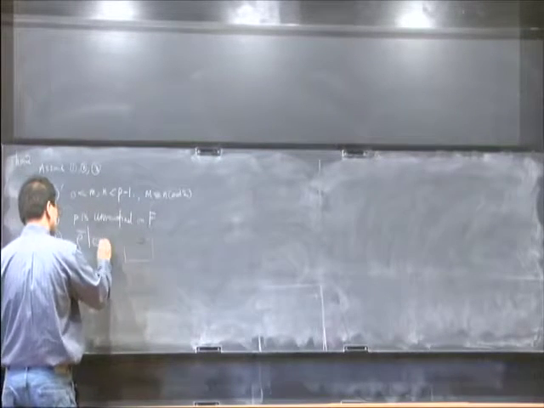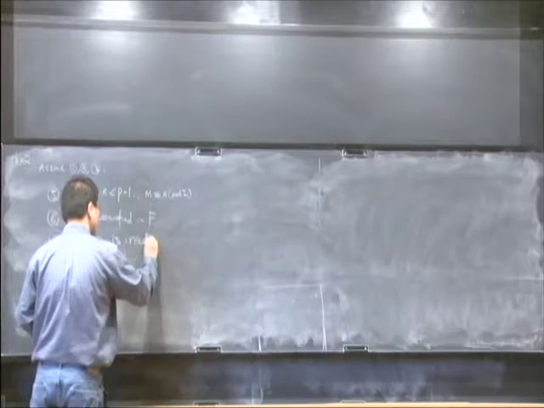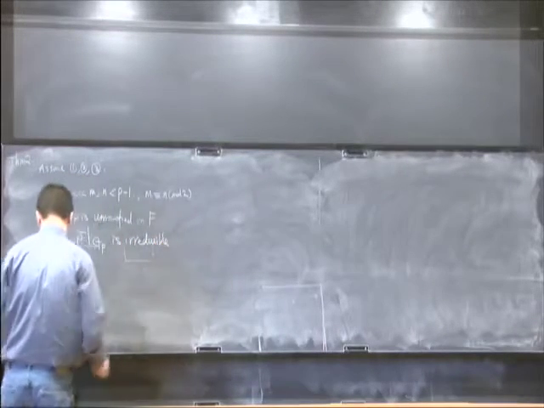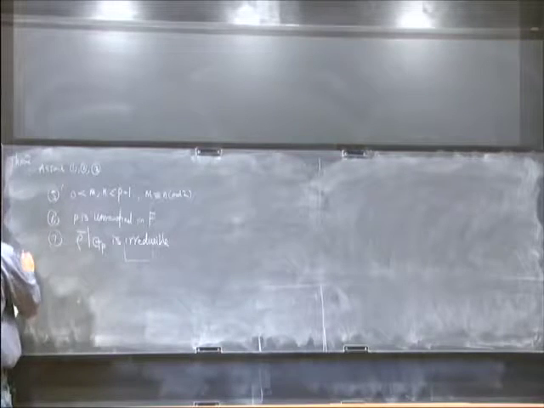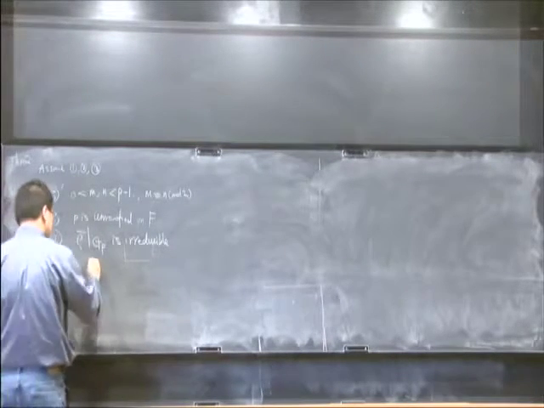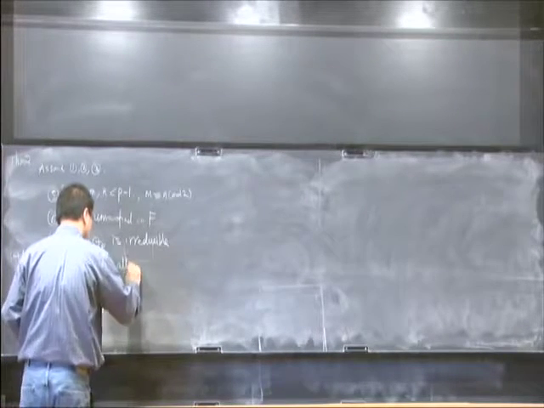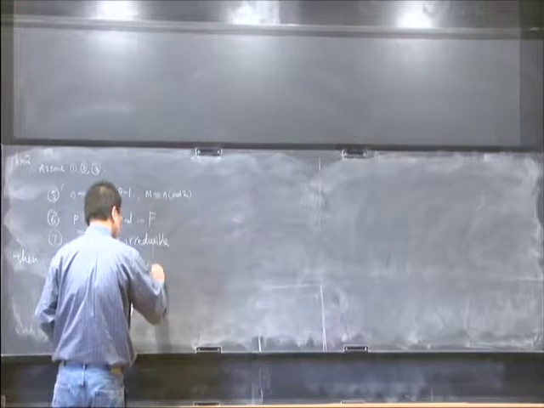The residual representation is irreducible. So then the conclusion is that rho is potentially automorphic.